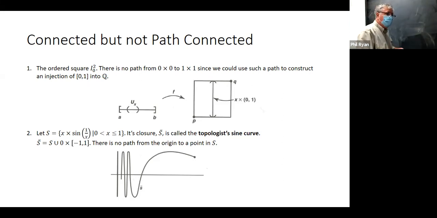Okay, so let's say we do have a path. Let f(t) be a path from the origin to a point in S. Let's have a look at the set of t such that f(t) is on the y-axis.